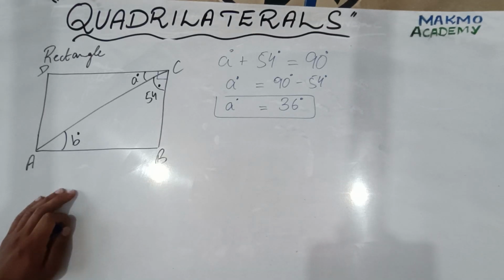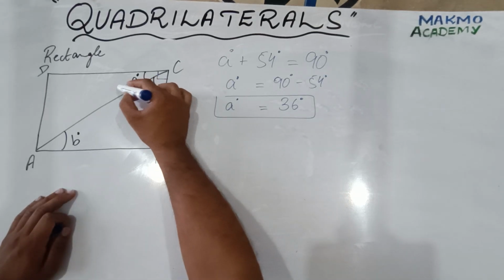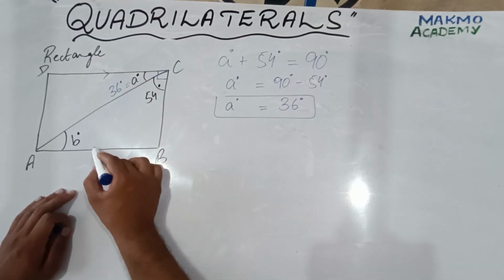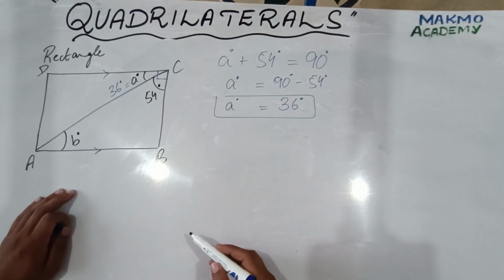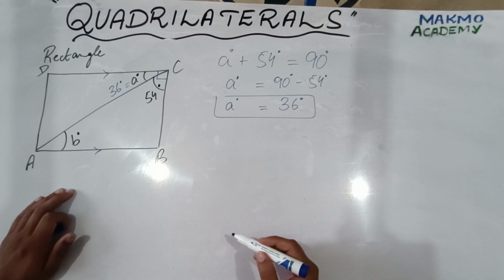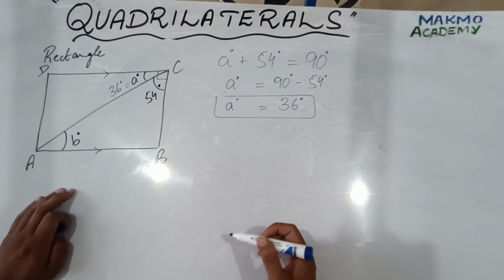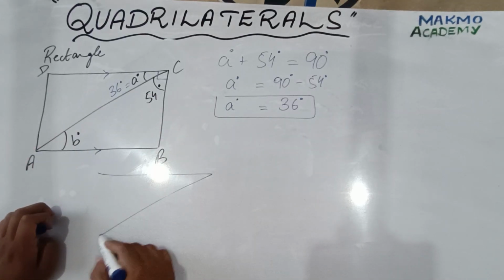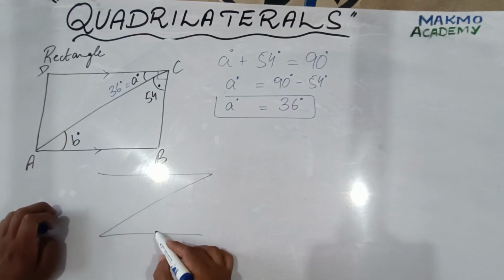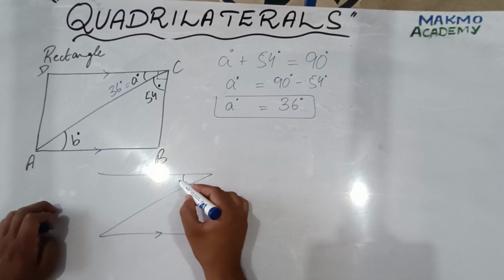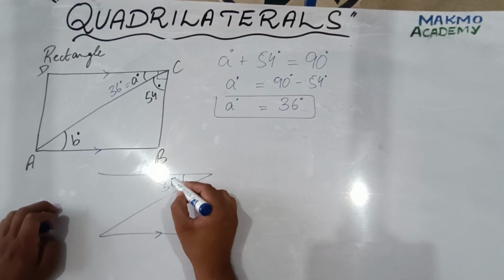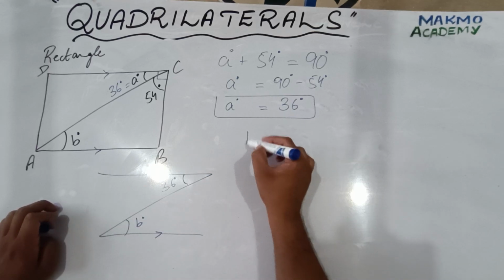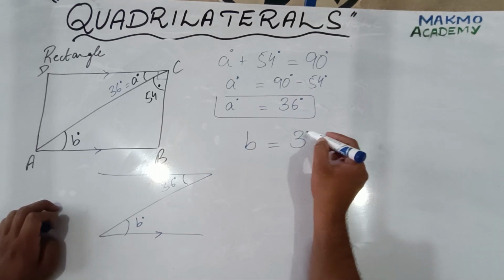Now let's find the value of B. We know that these two lines are parallel in a rectangle, and we have also discussed parallel lines and a transversal. They make the letter Z. These two lines are parallel with each other and this angle is known, 36 degrees, and the other is B degrees. Since they make a letter Z, they are alternate angles.